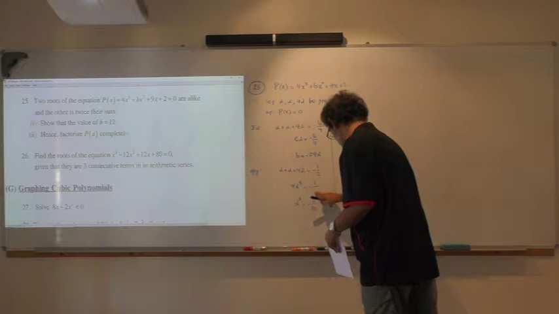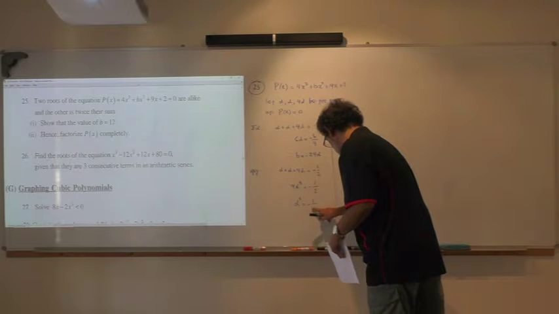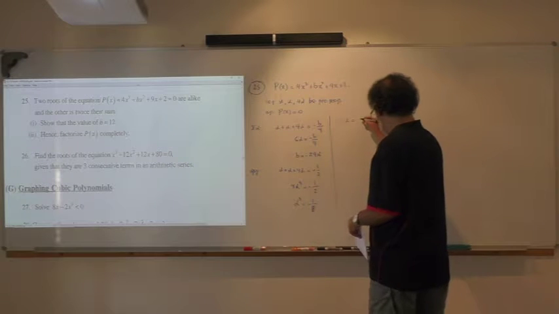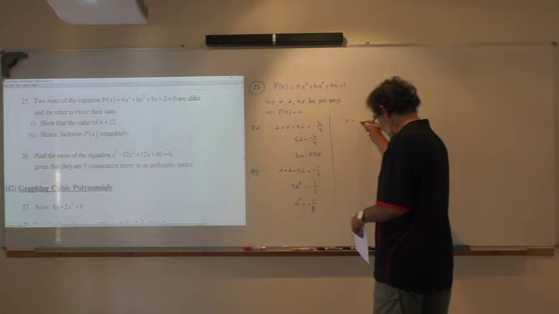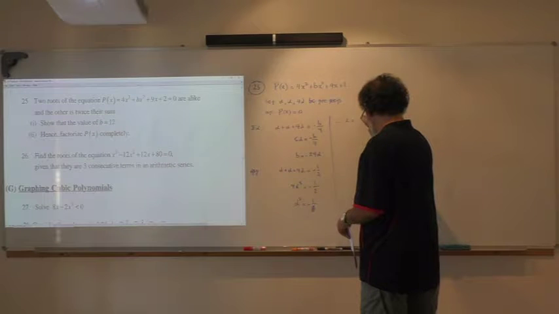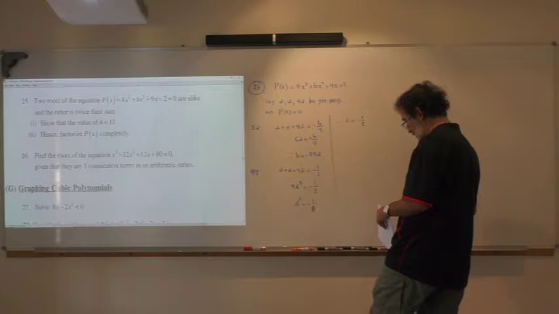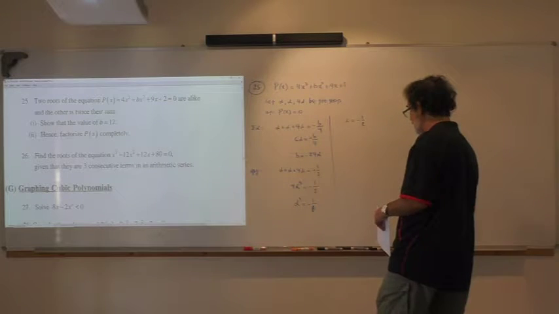So this should be negative half, and this should be now 8. That means alpha cubed is negative 1 over 8, so alpha is equal to negative half. Yeah, the cube root of negative 1 over 8 is negative half.